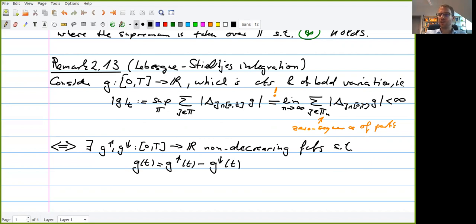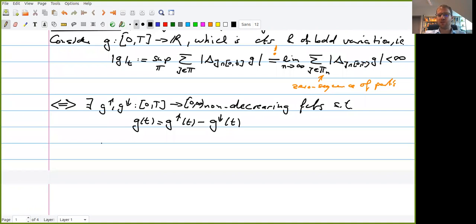So I can represent the function g, if it's of bounded variation, in terms of a non-decreasing function collecting the upwards movement, and then taking the difference with respect to the downward one. And you can even say they are non-negative, so the functions can be chosen non-negative.